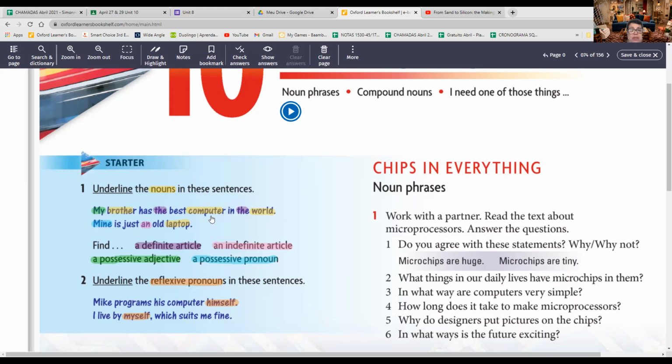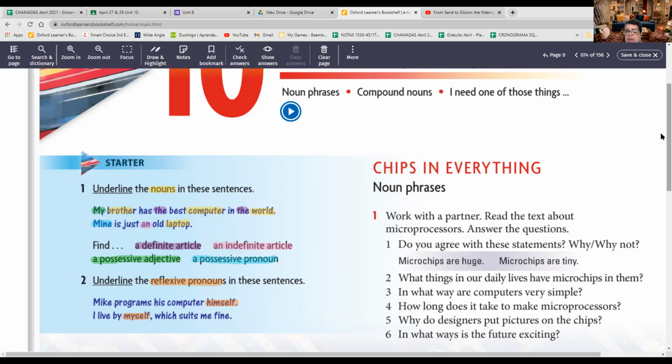It's a noun phrase because I have a noun and I have the words qualifying that noun. An old laptop. This is another noun phrase. My brother. It's a noun phrase. Okay. So noun phrases must have a noun, and the words around the noun, they help create the noun phrase. So they can be articles, possessives, possessive pronouns, possessive adjectives. They can be indefinite articles like this one here.